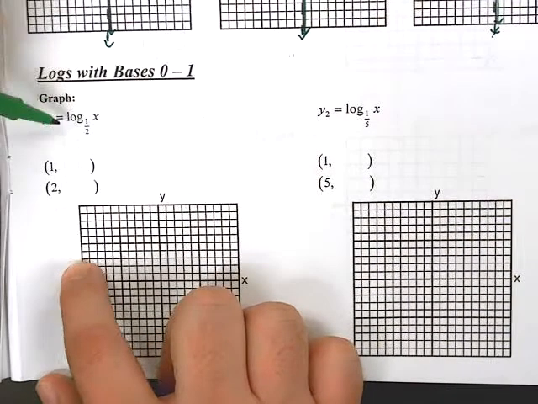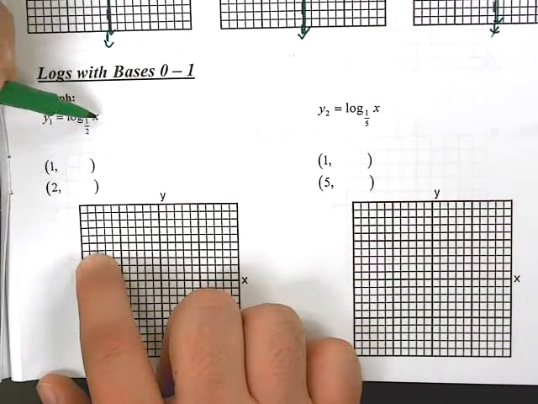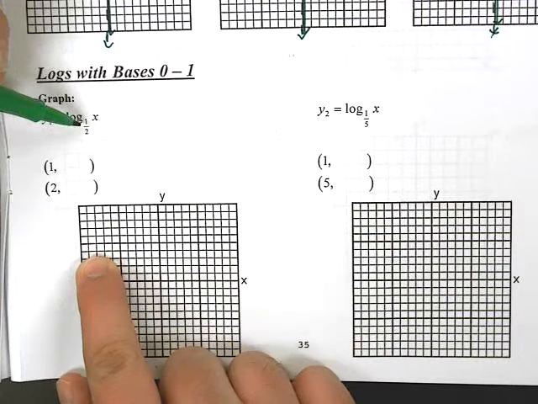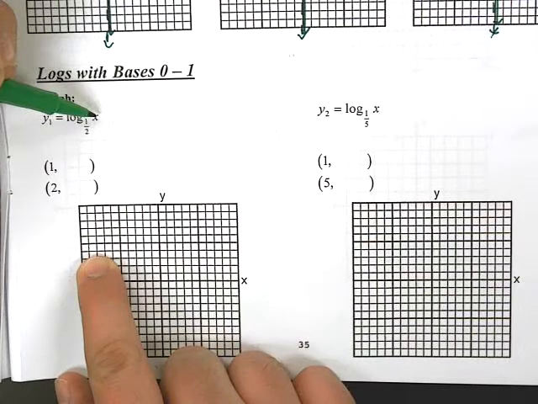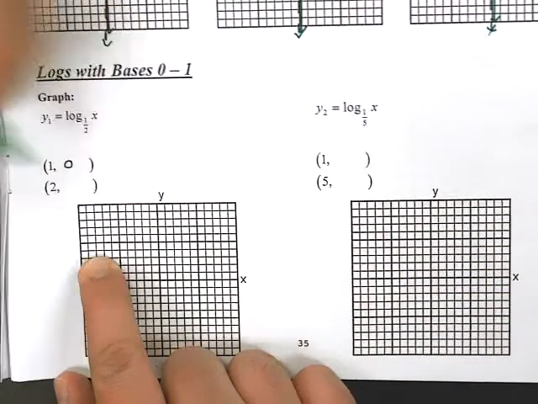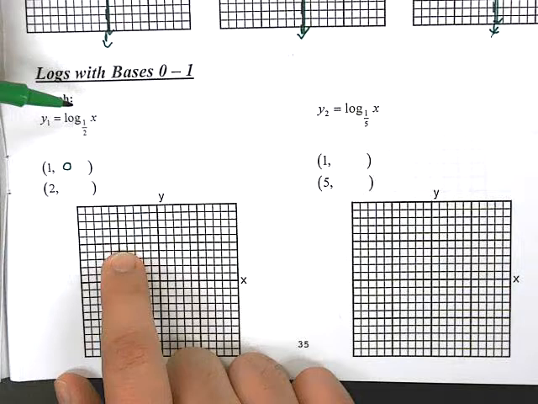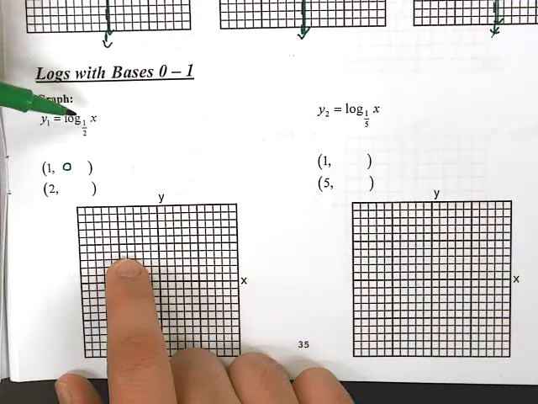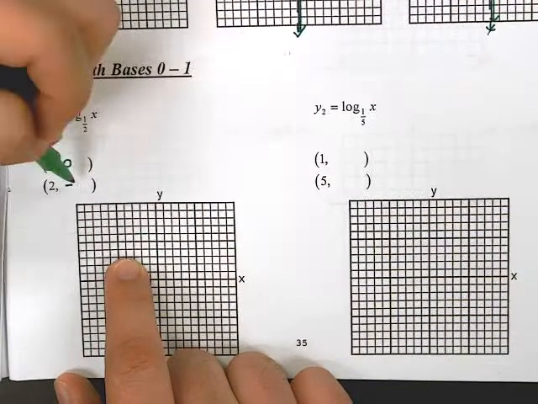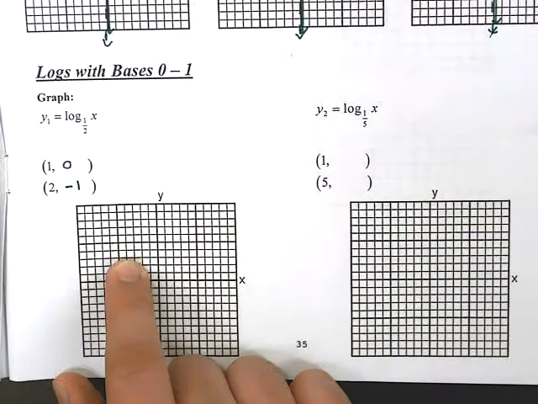that if I wanted to plug in 1 for x, 1/2 to the what power is equal to 1? Well, that's always going to be 0. 1/2 to the what power gets me to 2? I believe that's a -1.